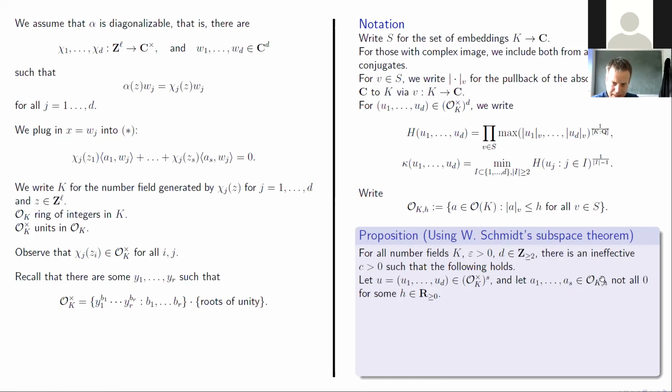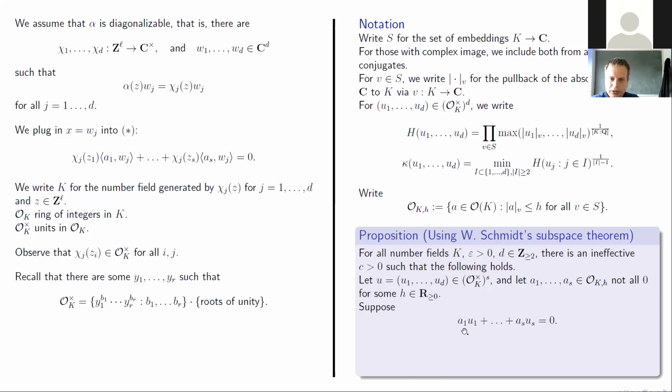So these are integers in the ring of integers of K, which are contained in this box H. Not all of them are 0, and H is some parameter.